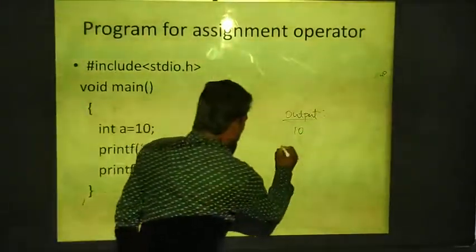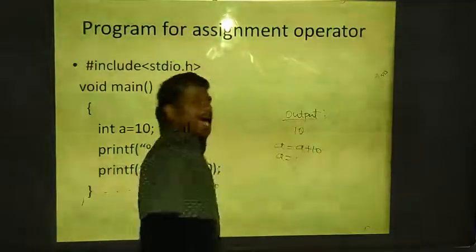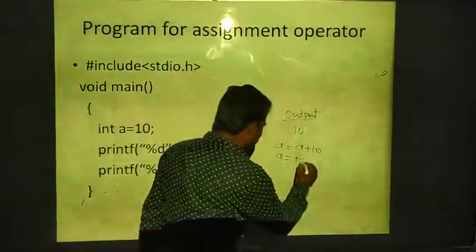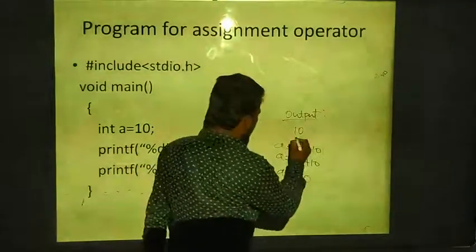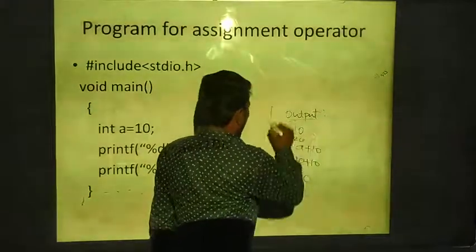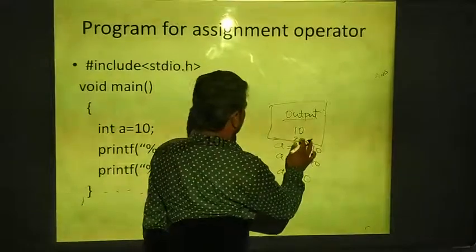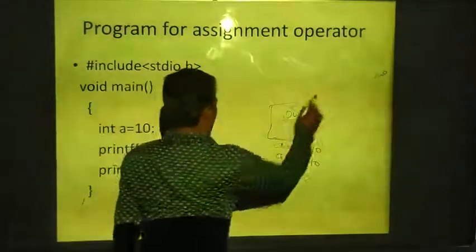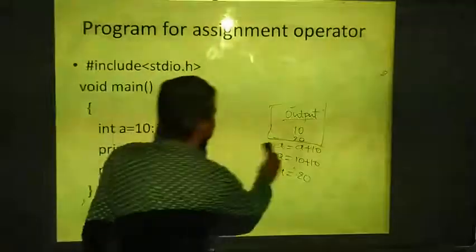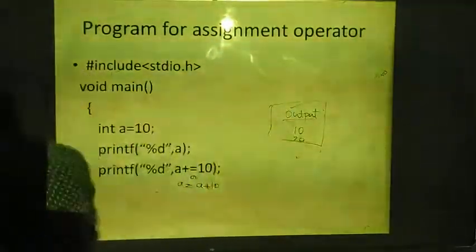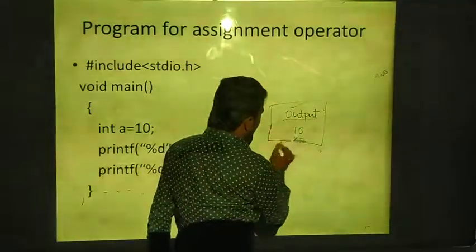So a is equal to a plus 10 means a is equal to, already I got the value of a is 10, 10 plus 10 is equal to what? A is equal to 20. So the final output is 20. For the first statement it is 10, for the second statement it is 20. This is the output for this program. This is about assignment operators.